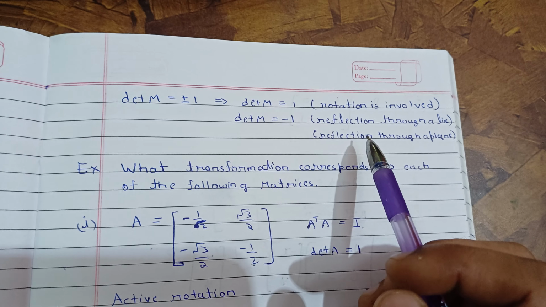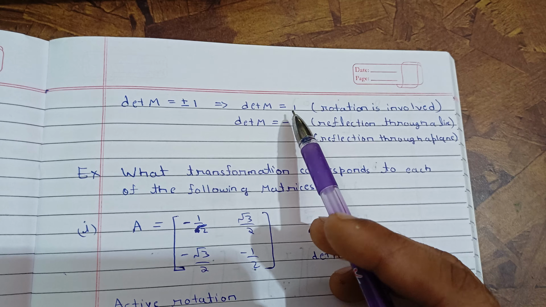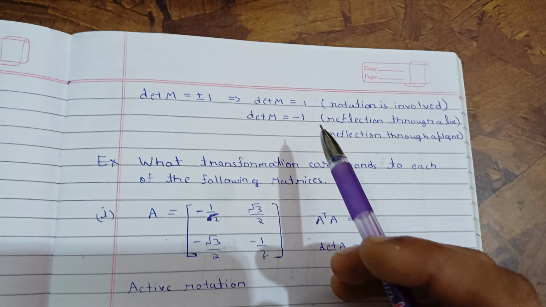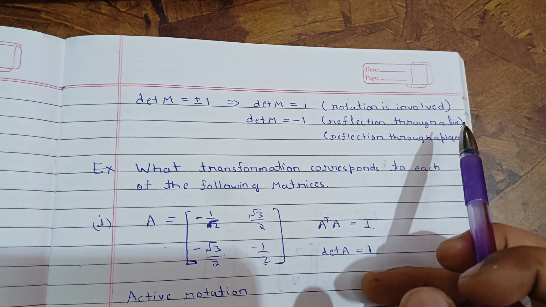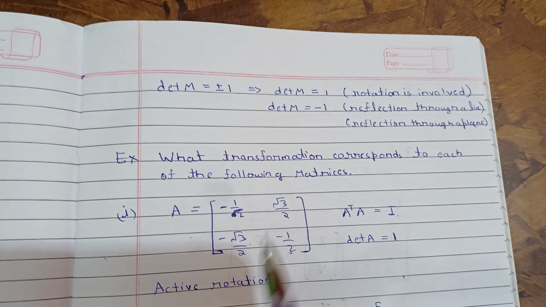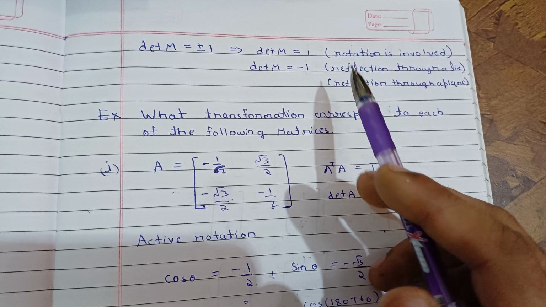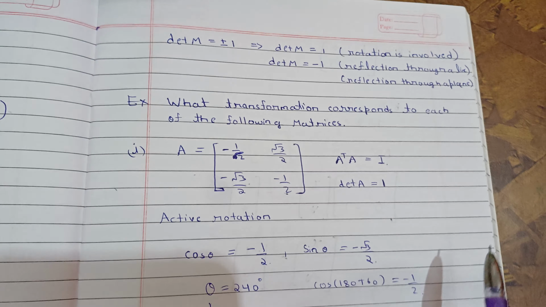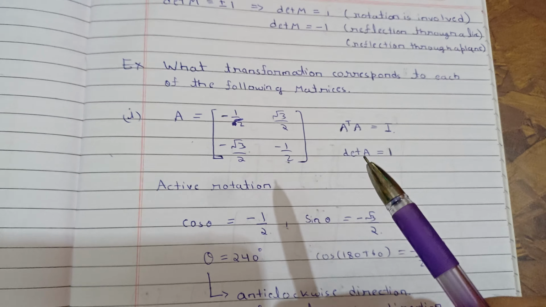So if it is 1, then only rotation, but if it is minus 1, then rotation or reflection both can be possible. In 2D only reflection along a line will be there. You need to remember these results. About rotation I already told you, and about reflection I just told you what it is. Now you will understand more by seeing these examples.